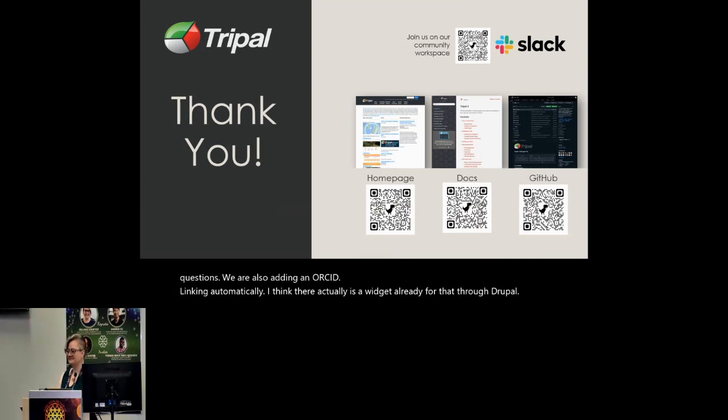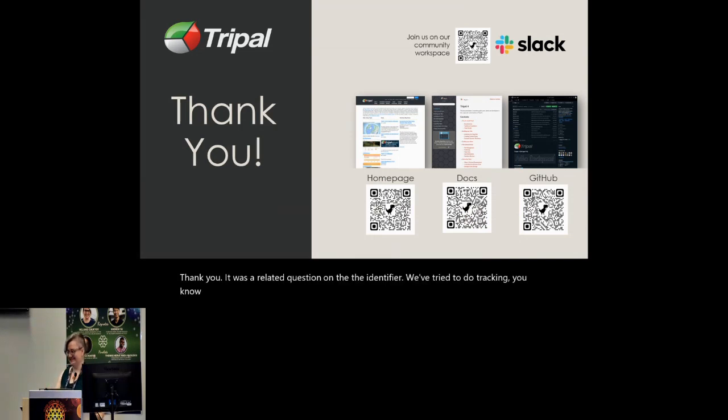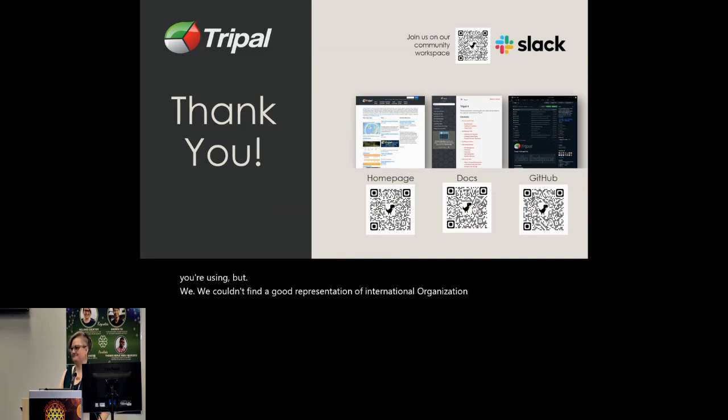It was a related question on the identifier. We've tried to do tracking, awesome attribution. We've struggled with things like persistent IDs for organizations. There's ORCID for individuals, and I suspect that's what you're using, but we couldn't find a good representation of international organizations, for example, or funding sources. It remains very much text-based.